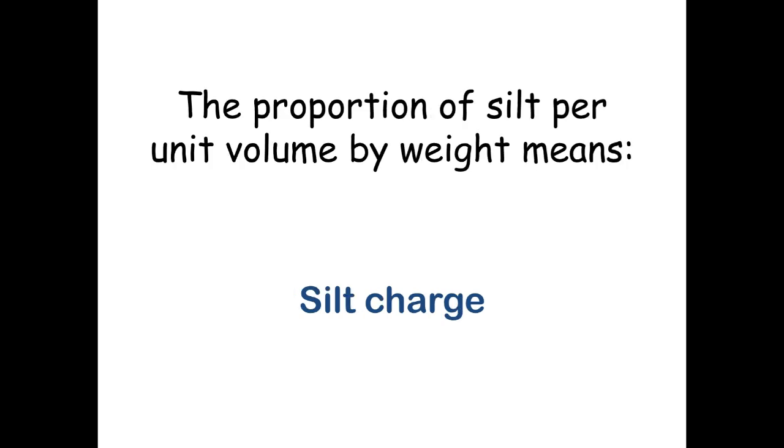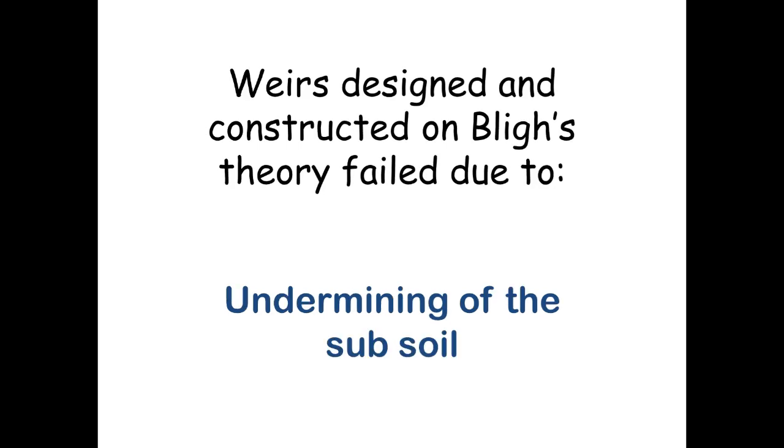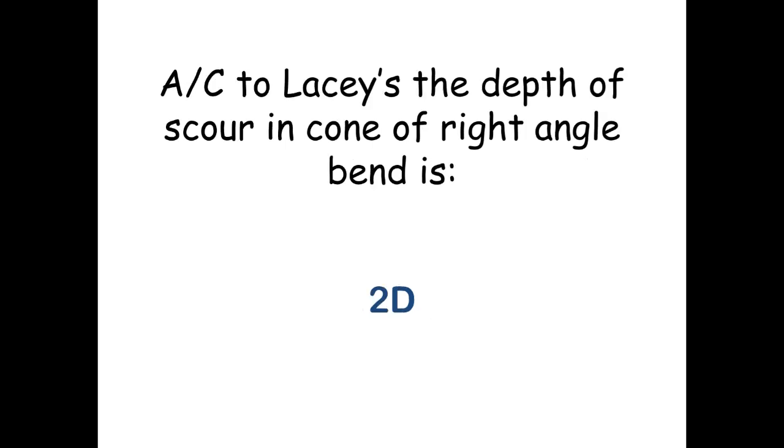The proportion of silt per unit volume by weight means silt charge. The bed of canal is lowered in case of canal siphon. Weirs designed and constructed on Bligh's theory failed due to undermining of the subsoil. According to Lacey, the depth of scour in case of right angle bend is 2D.